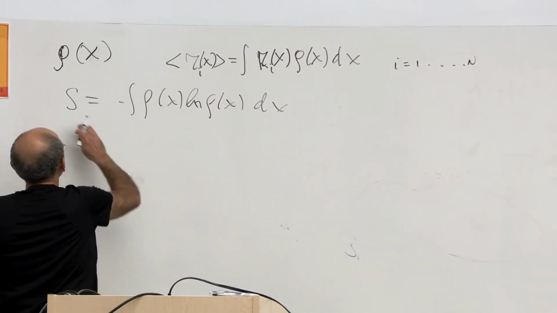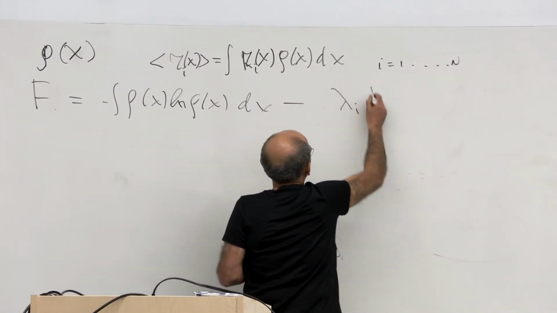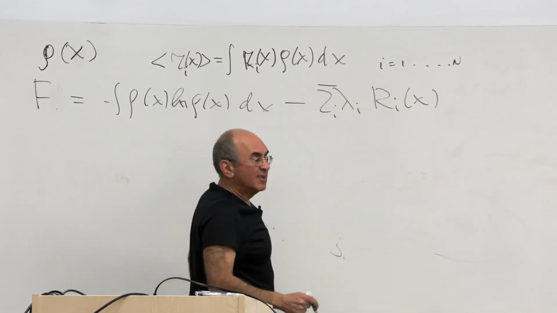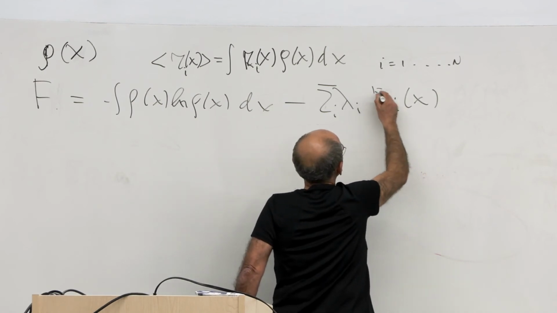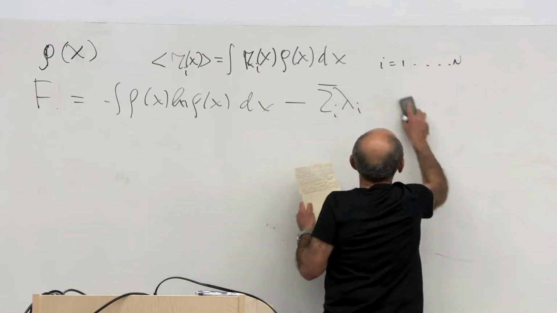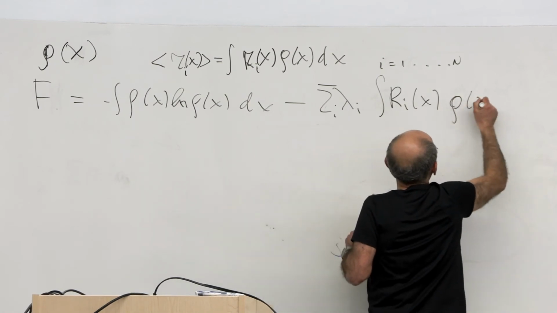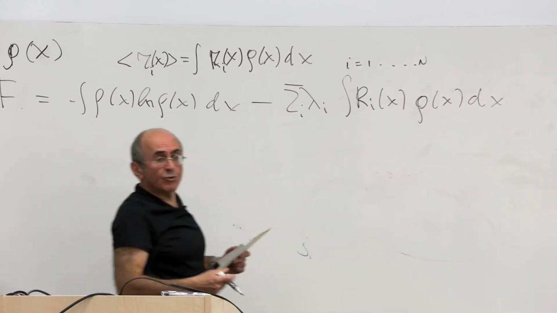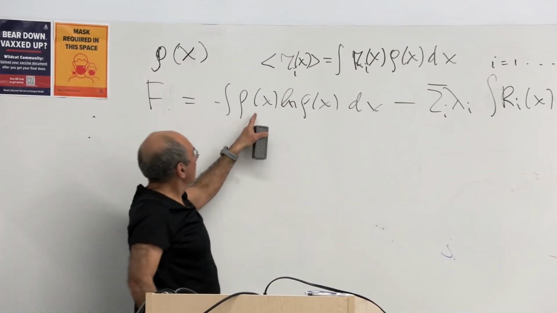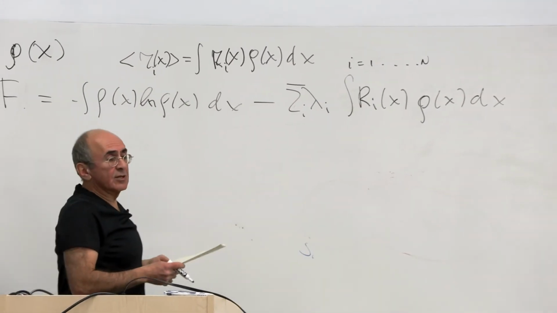So what you need to do is consider, by the Laplace method, a functional and take lambda i R i of x, sum over i, which means that what stands here is the integral of R i of x rho of x dx. So you need to look for the extremum of this functional, under the condition of this. These are unknown factors which you obtain by making it normalizable.